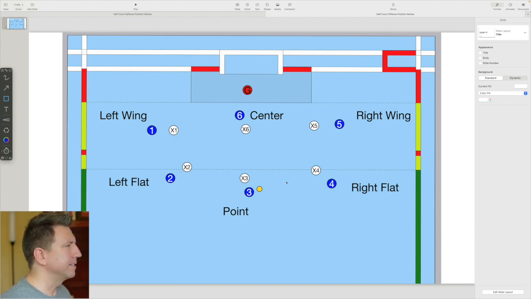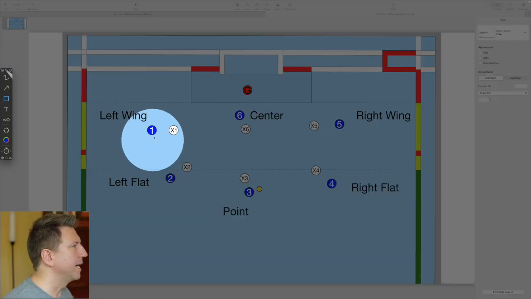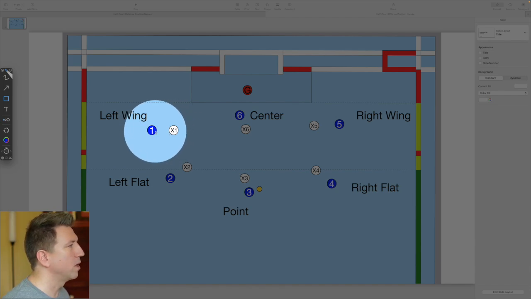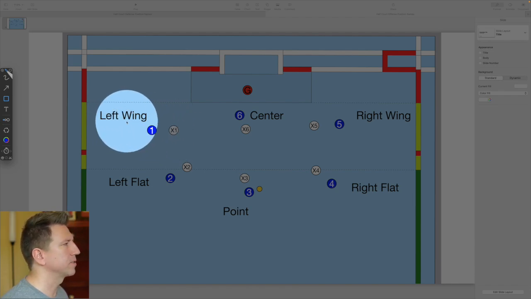So what we have here is simply the offensive setup and the naming conventions that we are used to seeing and using, at least in the circles that I'm in. Starting with position 1, which is also called the left wing. In lots of communications, teammates might say, hey, go to the left wing, and we have to know what that means.